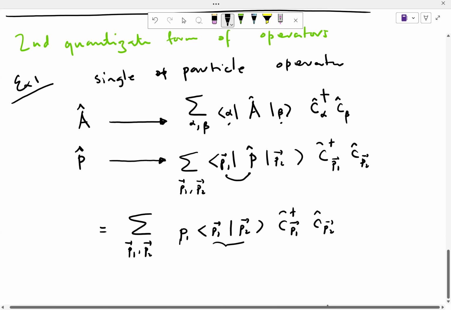Now this is the Kronecker delta P1 P2, CP1 dagger CP2, P1, summed over P1 P2.